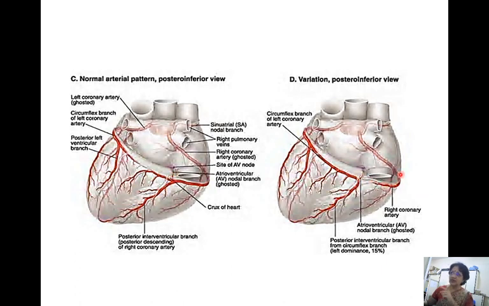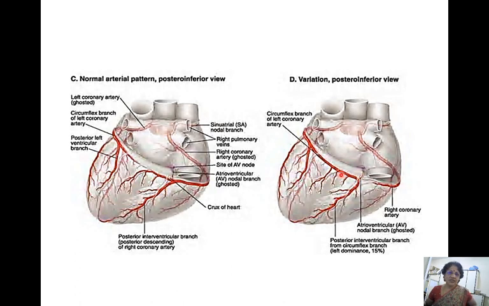In this variation, the right coronary artery didn't even reach the crux, so it cannot give the posterior branch or even the AV nodal branch. Instead, the left coronary crossed up to the crux. It gave the posterior descending interventricular branch, and it also gave the AV node. So in this variation the right coronary has not been able to give the AV branch; the left coronary has given it.